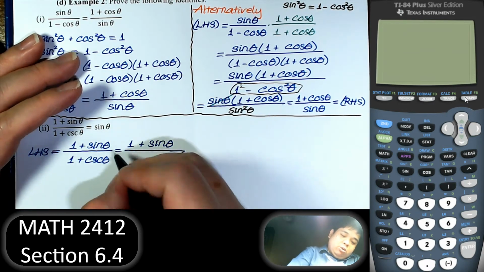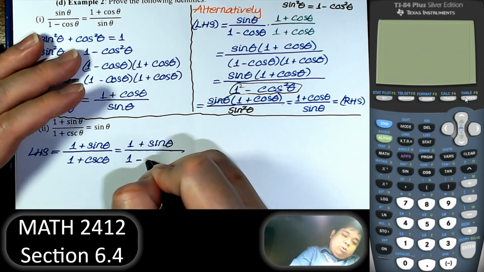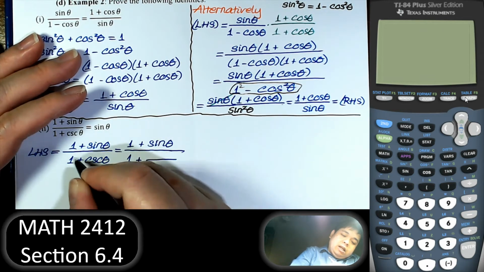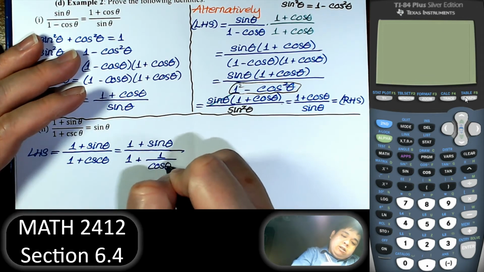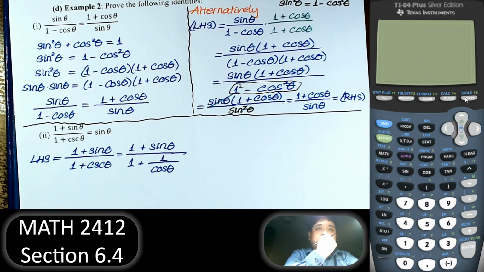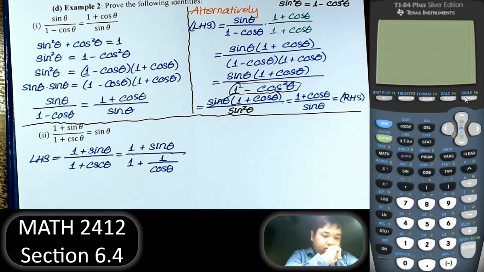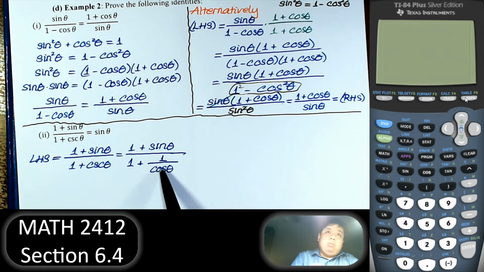Sorry, cosecant is 1 over sine. Right. So here, of course, we can multiply by the common denominator and then try to combine them.